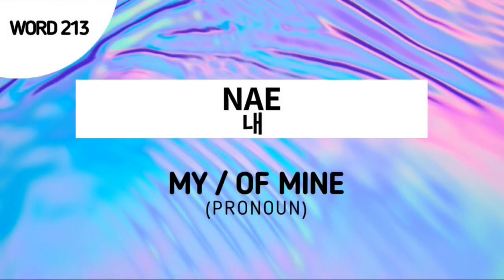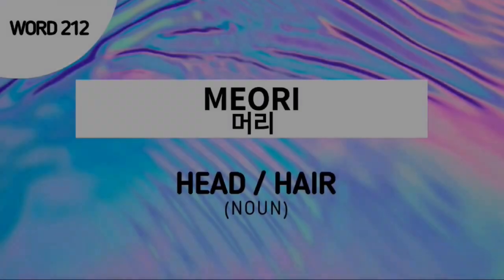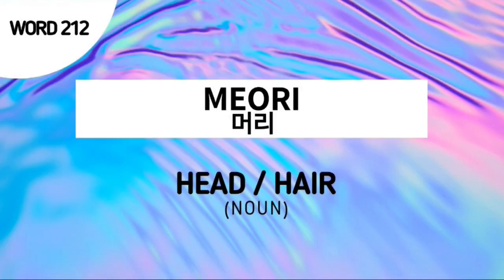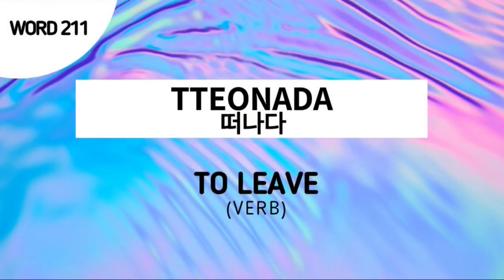Word number 213 is 내, and this is used as a pronoun to say my or of mine. Word number 212 is mori, and this is used to say head or hair. And the last for our review, word number 211, tonada. This is a root verb which means to leave.